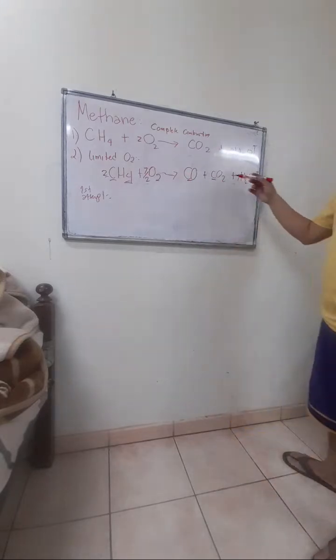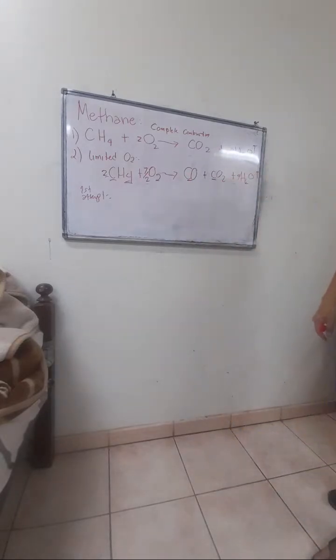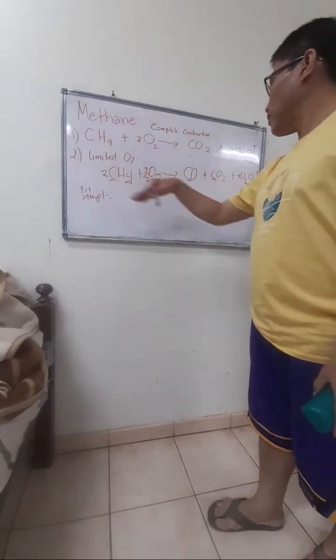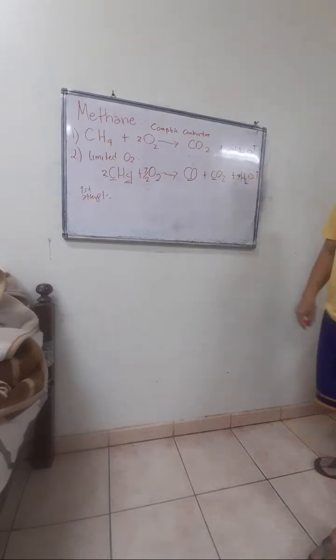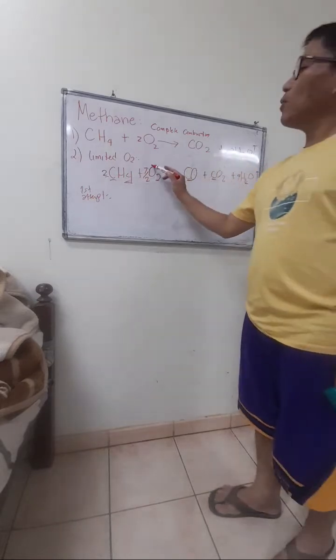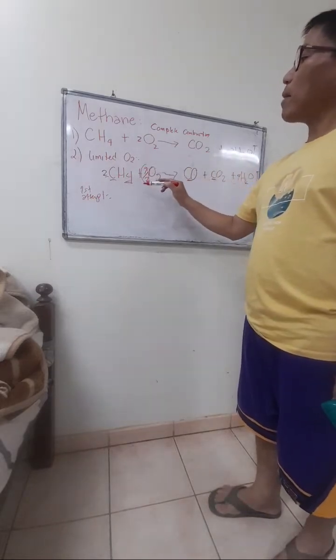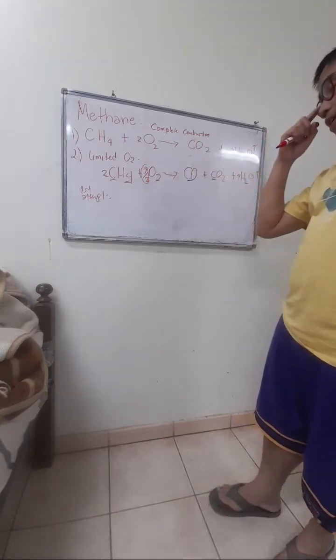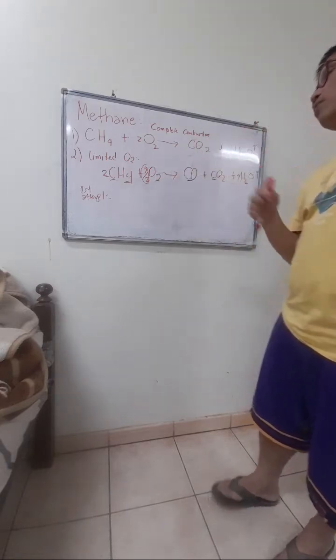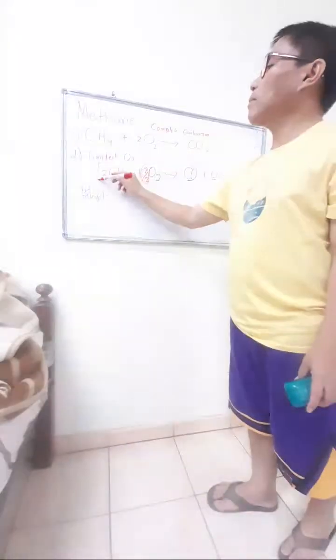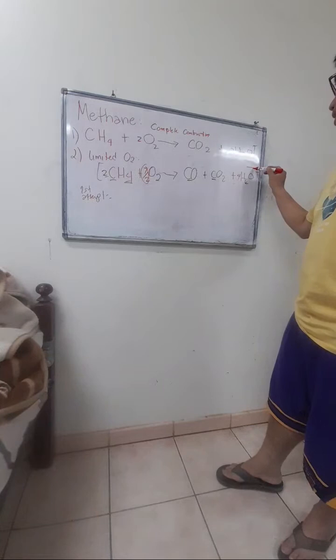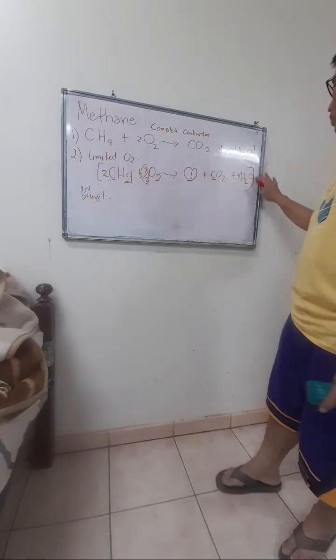Carbon 2, hydrogen 8, hydrogen 8. In this way, we avoid improper fractions, because any fraction in our chemical reaction is not allowed. This is only a whole number. So we need to multiply this by 2 so that we can cancel out the denominator 2.